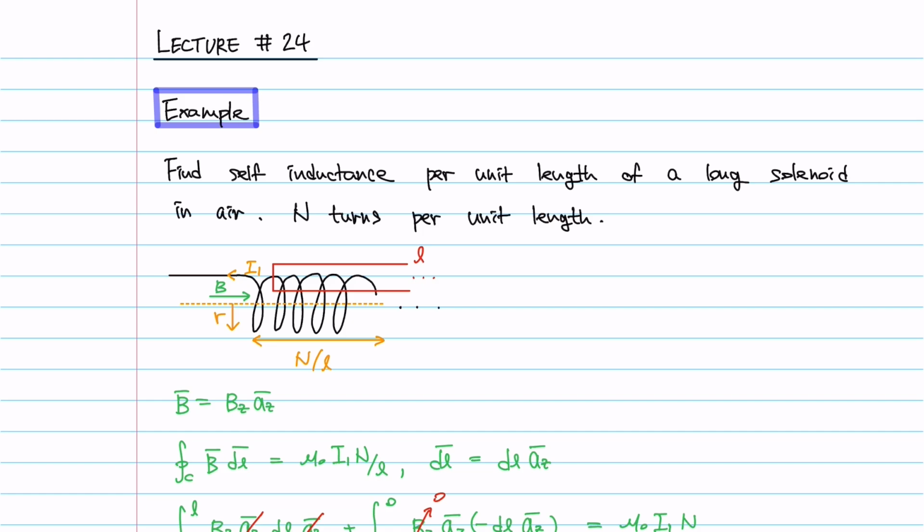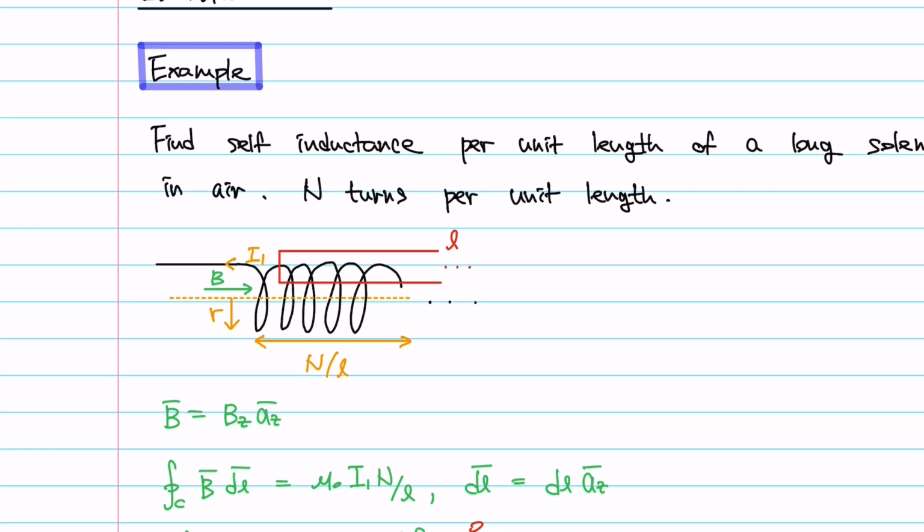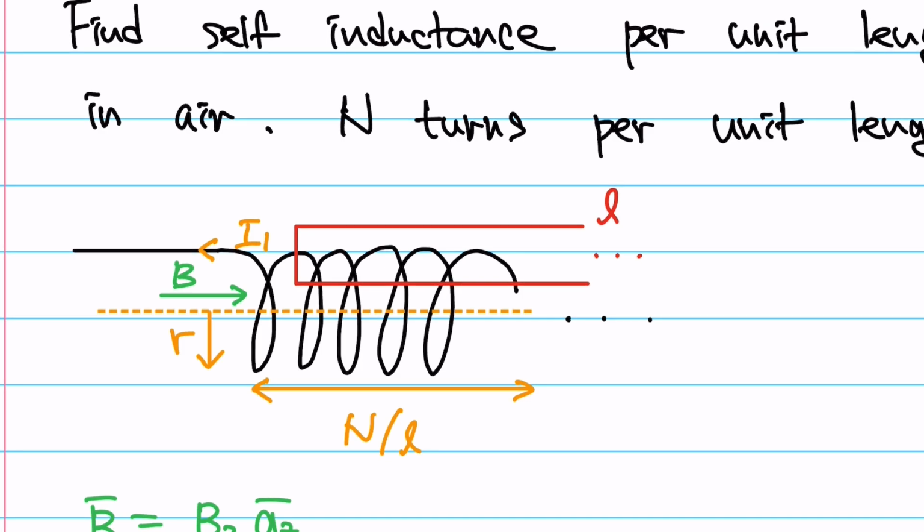Although it's not very obvious in this picture, if you apply your four fingers along the current path in the coil, you'll notice that due to the direction of the current and where the coil is aligned, the magnetic field is pointing towards the right side.